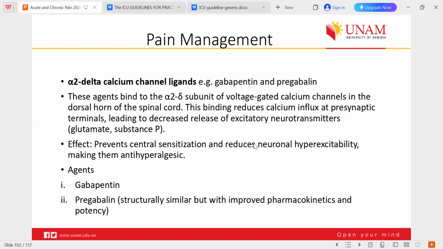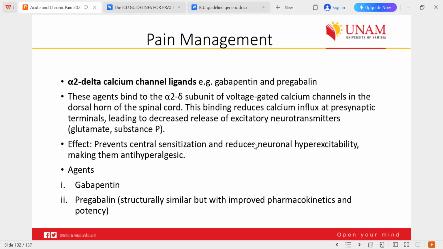These agents bind to the alpha-2 delta subunit of voltage-gated calcium channels in the dorsal horn of the spinal cord. Once they bind, it causes a reduction in calcium influx at the presynaptic terminus, and this leads to reduced release of excitatory neurotransmitters.